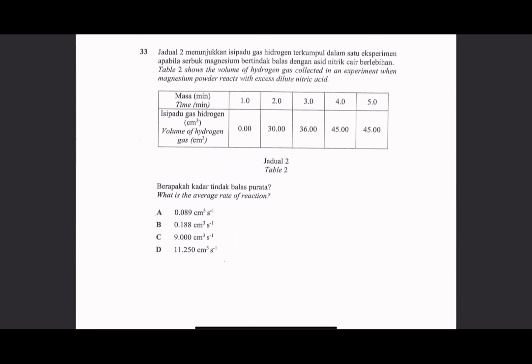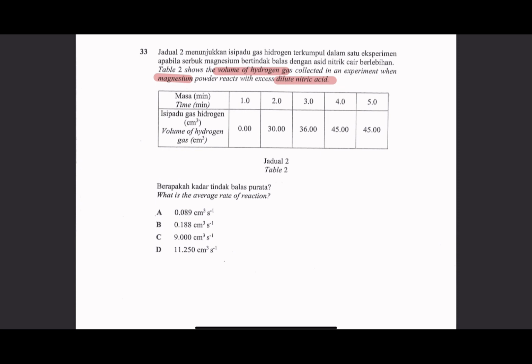Question 33. Volume of hydrogen gas when the magnesium reacts with the dilute nitric acid. So when a reactive metal reacts with acid, it will produce the salt and hydrogen gas.